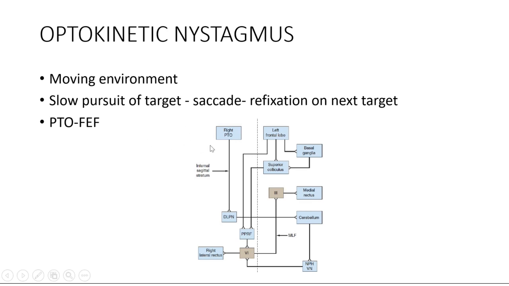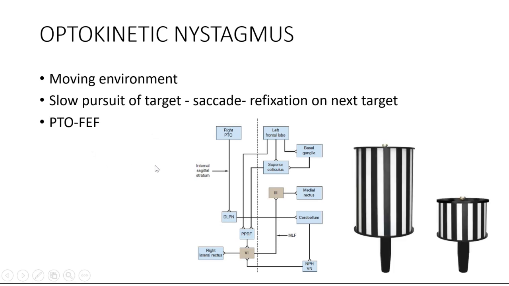To go towards the left side, again it is the opposite side saccade, so it will be our right frontal eye field which is causing the eye to move suddenly, the saccade, to the opposite side. In other words, the optokinetic nystagmus in one particular direction will be completely taken care of by the same hemisphere. The slow pursuit will be the right PTO and the opposite sided saccade will be the right frontal eye field. So one hemisphere itself will be taking care of the entire optokinetic nystagmus.